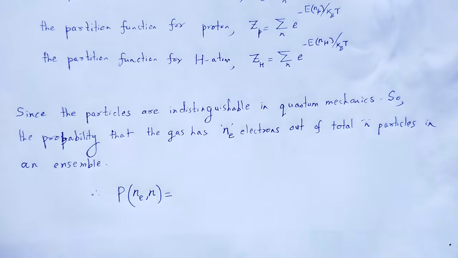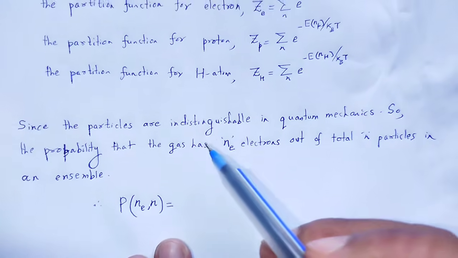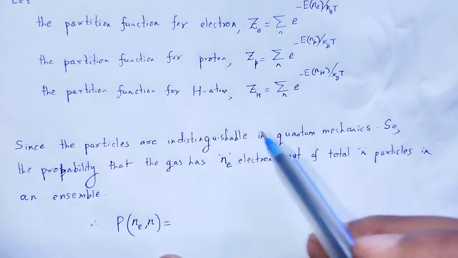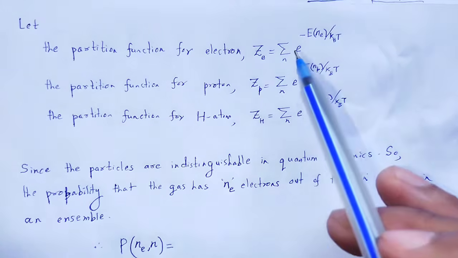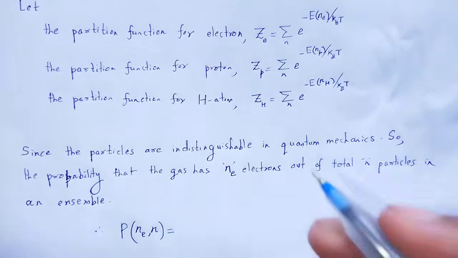The thermodynamic probability, since the particles are indistinguishable, the system has electron, proton, and hydrogen atom.